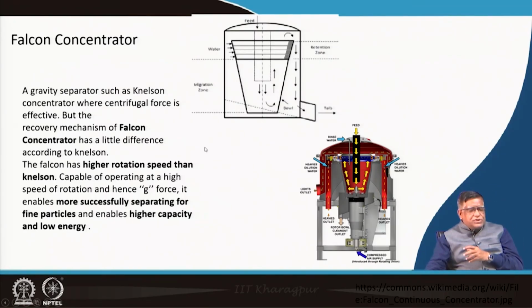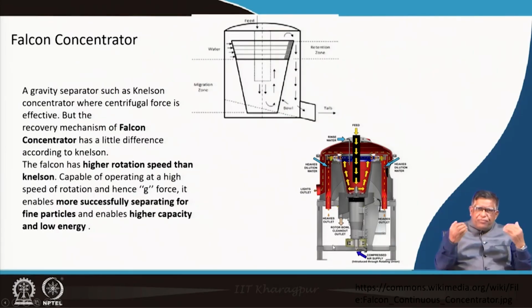Here the difference is basically a higher rotation speed than the Nelson bowl. They work at a very high speed. As a result, depending on the feed size and your material properties, you can find out whether the Nelson concentrator or the Falcon will work in your case.